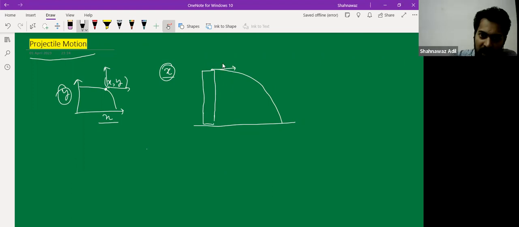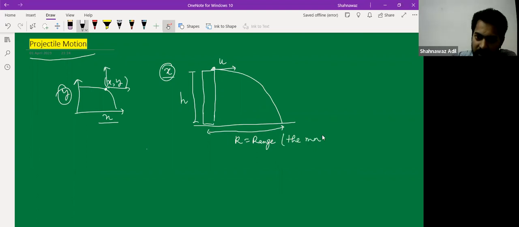Let me call it u, right? And this distance is called the height, and this distance that the ball travels is called the range. Okay, so this is the range, the maximum distance it travels in the X direction.